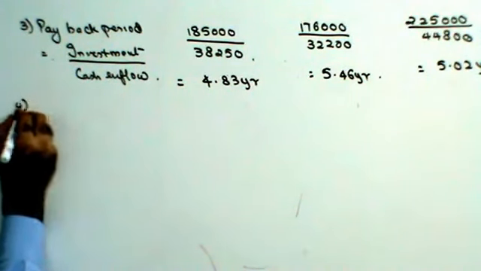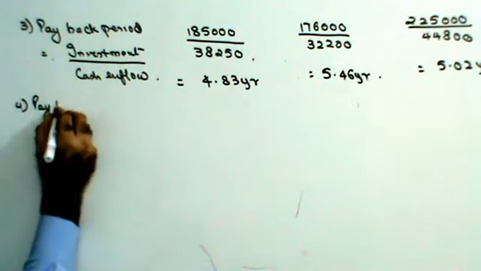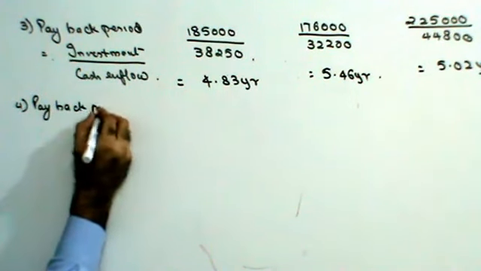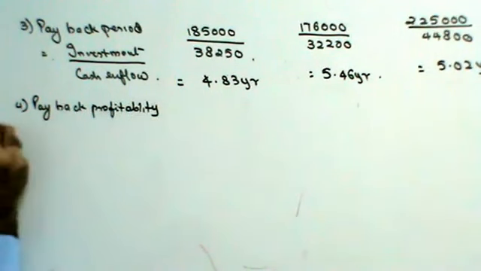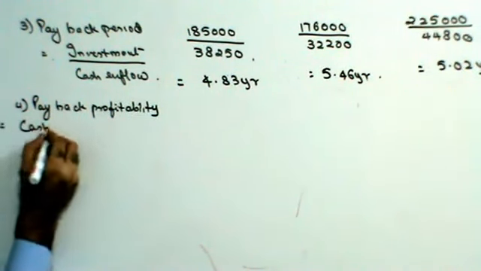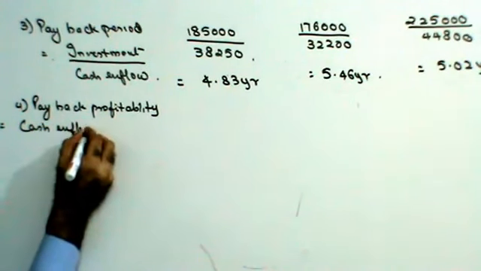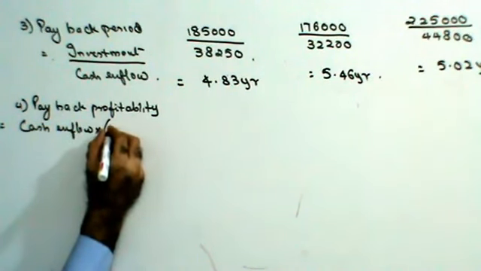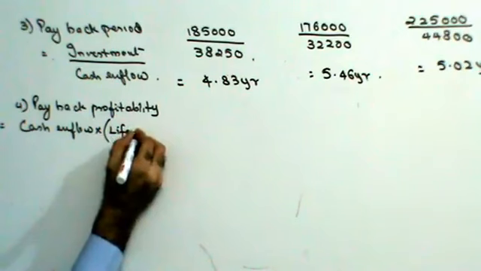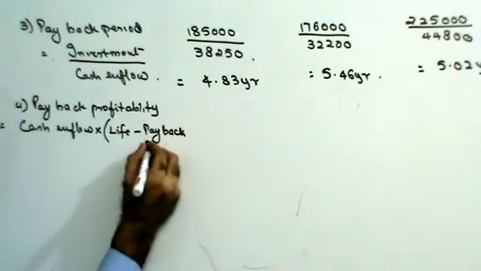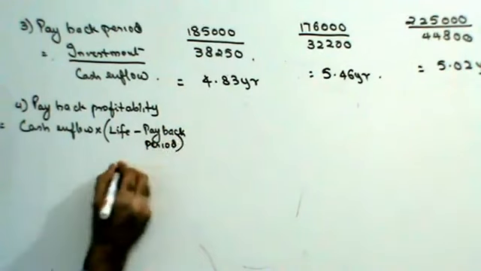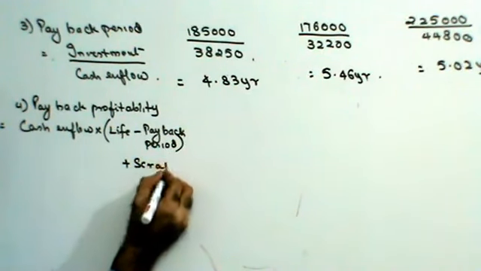Now, let us also find out the payback profitability. Payback profitability is given by the formula cash inflow into estimated life minus payback period plus scrap.